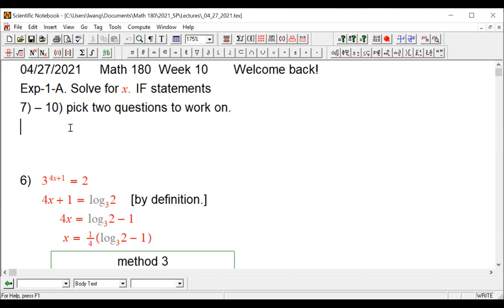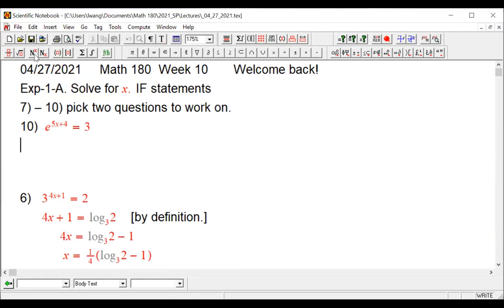If there's no submissions, I'm going to do one for you. So we're solving e raised to the power of 5x plus 4 equals 3. We can take logarithm on both sides. In particular, we can take a natural log on both sides because both sides are positive.